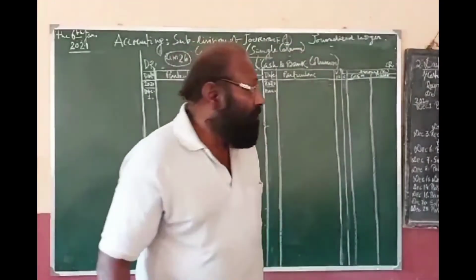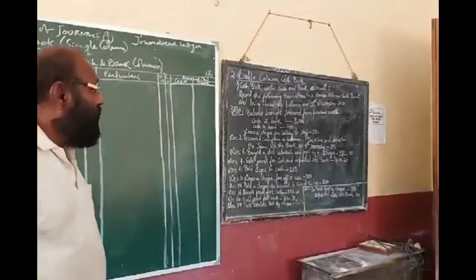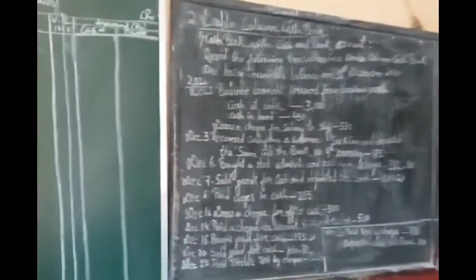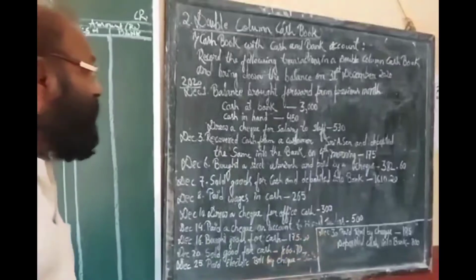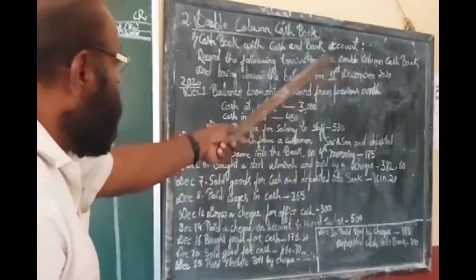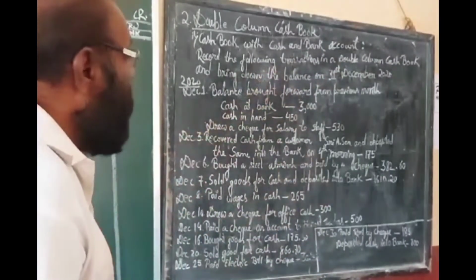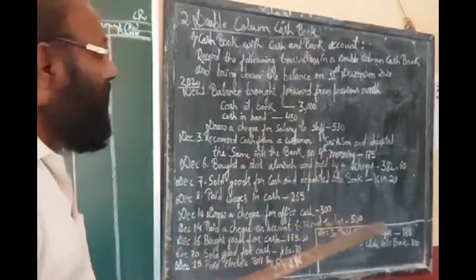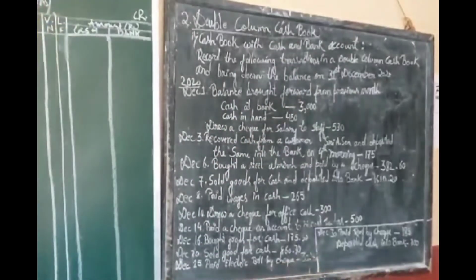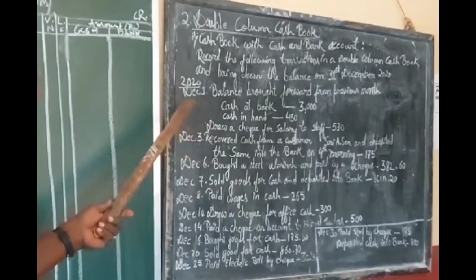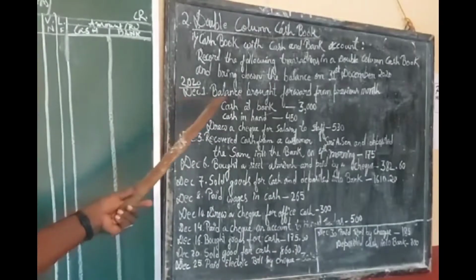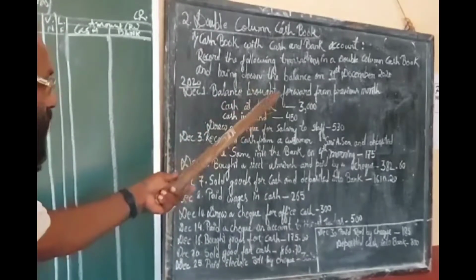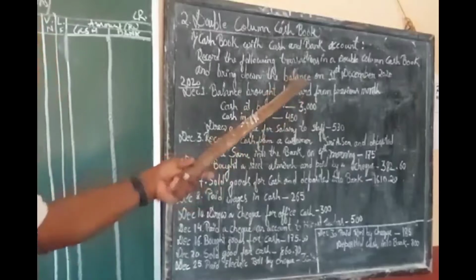Now, friends, you go through the problem. What is written? Record the following transactions in a double column cash book and bring down the balance on 31st December 2020. The information: December 1, balance brought forward from the previous month.